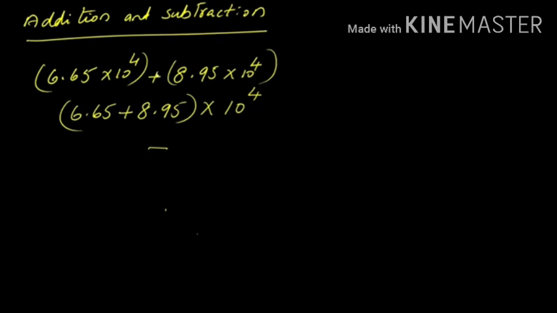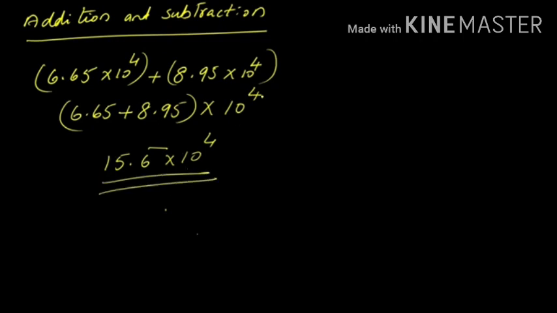So that's why we are saying that it should be the same. Only then can we take it outside. So that 10 to the power of 4 is common to both the numbers. Then what we have to do? We have to add the two numbers and we can write the answer over here. 15.6 into 10 raised to 4.